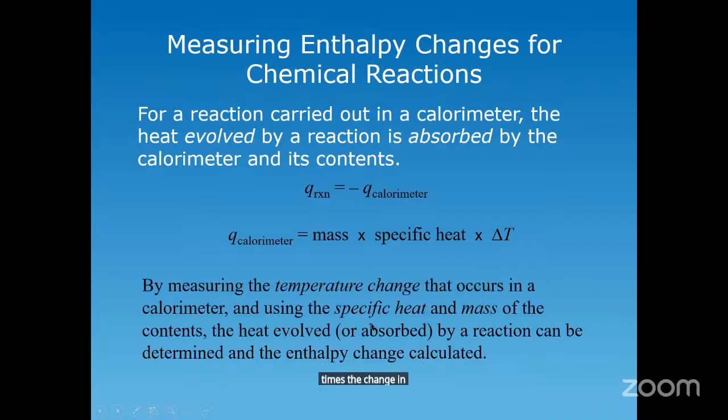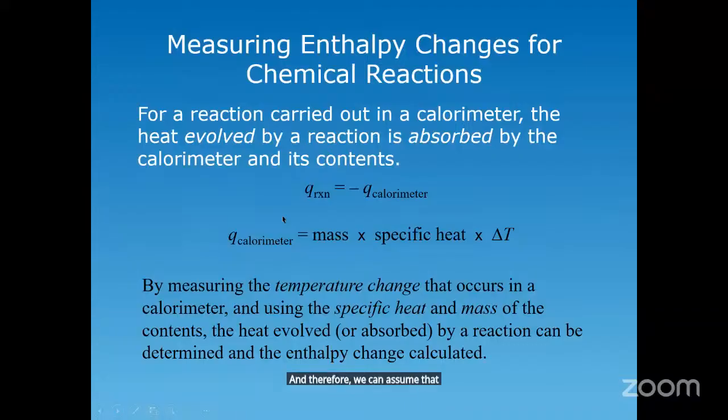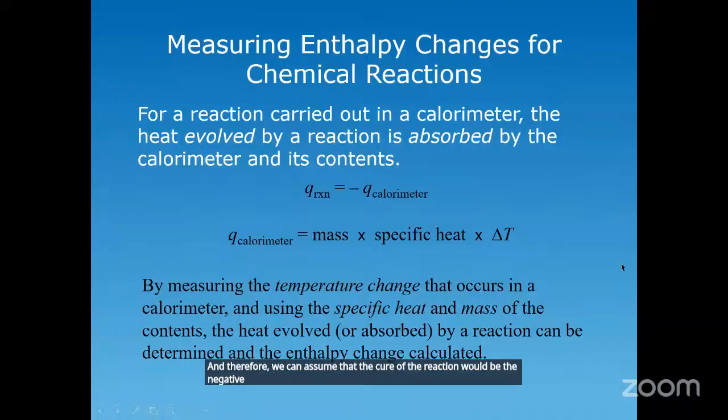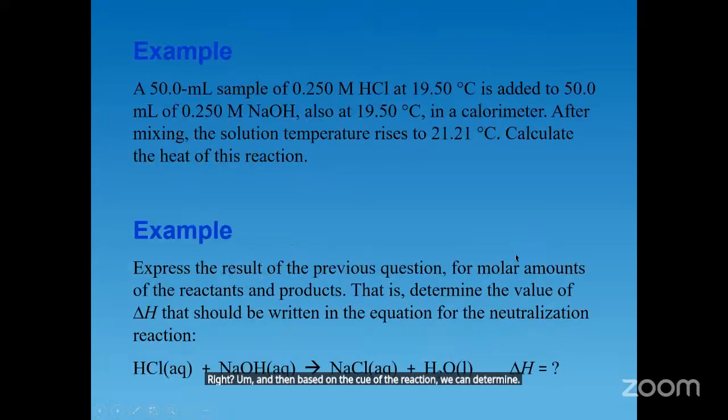So we have to use the specific heat of the contents in the calorimeter in order to use this equation so we can determine the Q of the calorimeter, and therefore we can assume that the Q of the reaction would be the negative of that value. And then based on the Q of the reaction, we can determine the enthalpy change.